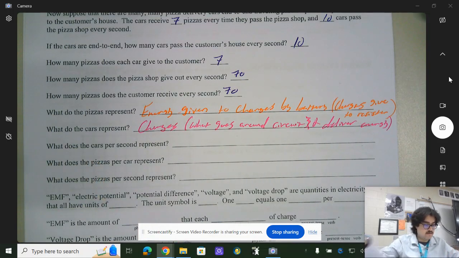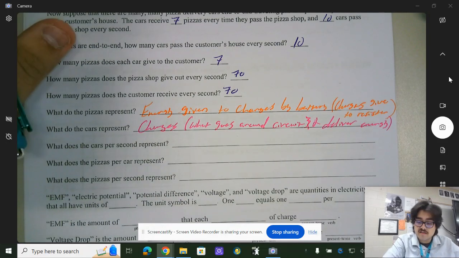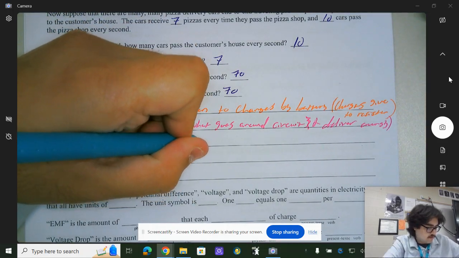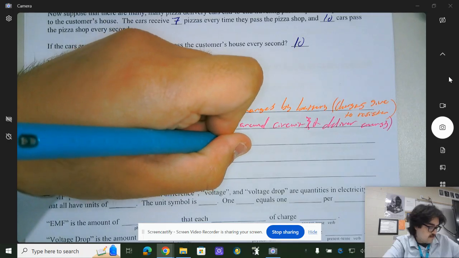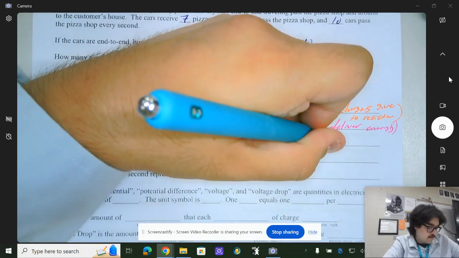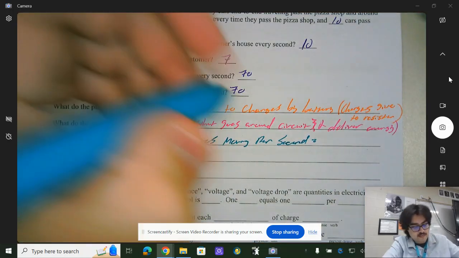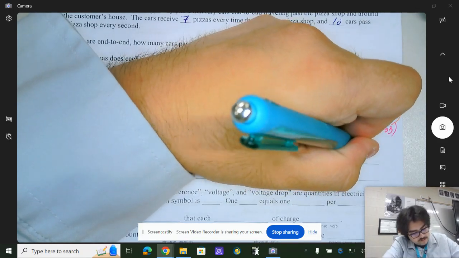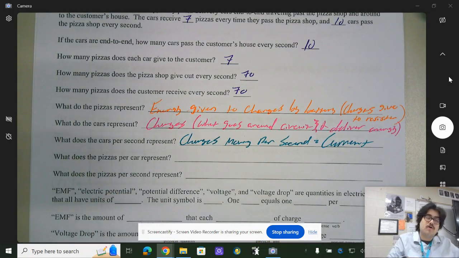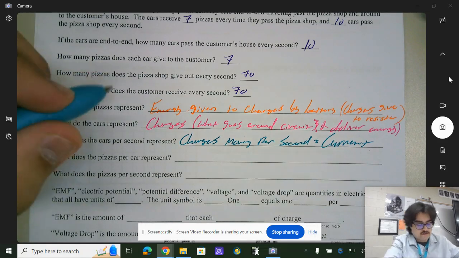The cars per second represents the charges moving per second, and you should know charges per second is current. You should know that pizzas per car is the amount of energy that each car carries, which is voltage.